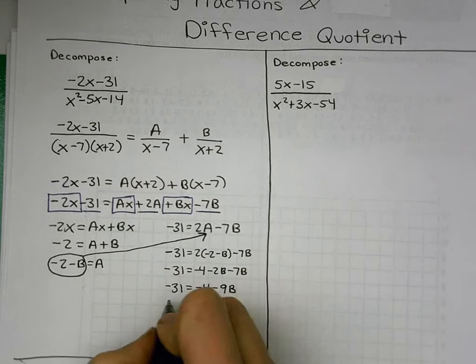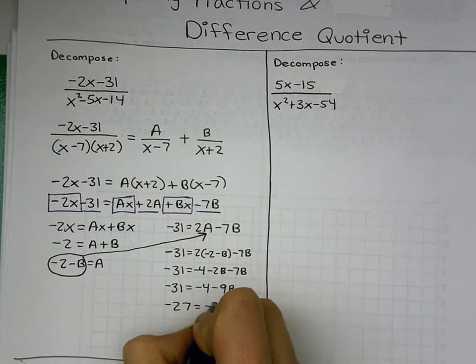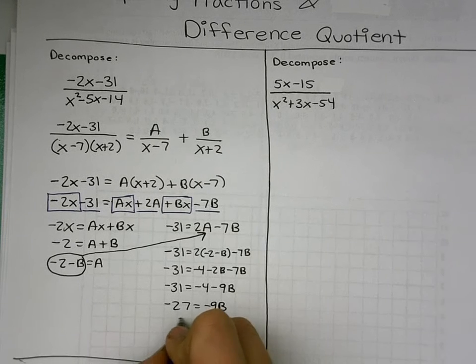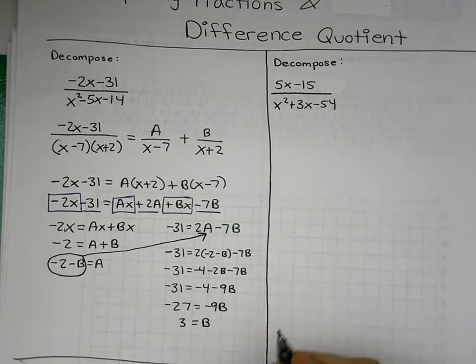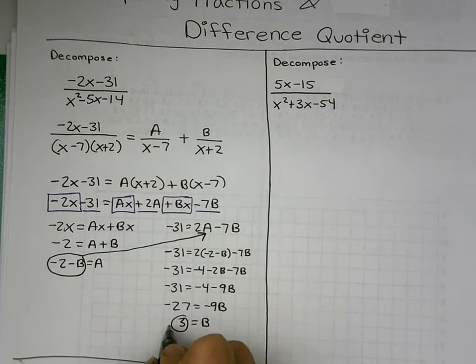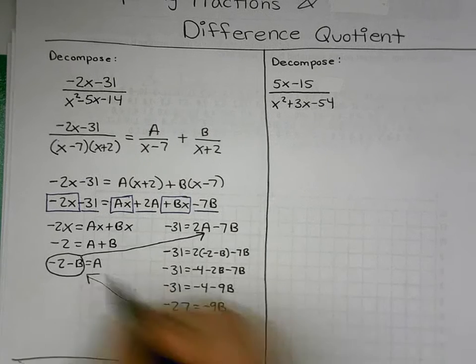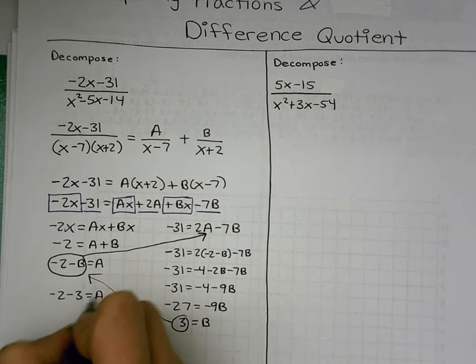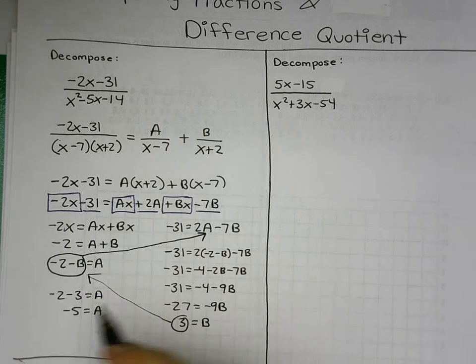Adding the 4 over, we get negative 27 equals negative 9b, which means dividing by 9, we get 3 for my b. That 3 then can get plugged into the b spot to give me negative 2 minus 3, which is my a, which means a is negative 5.